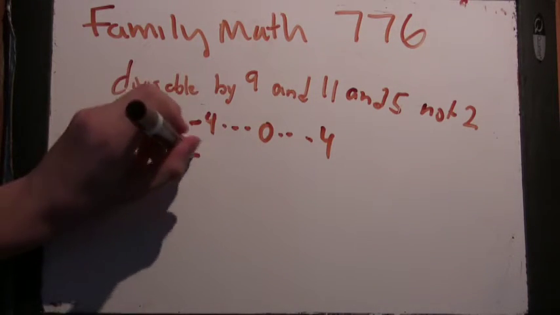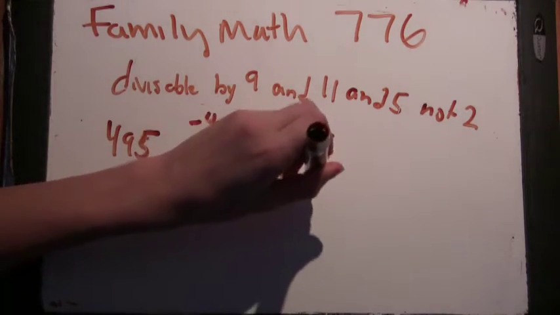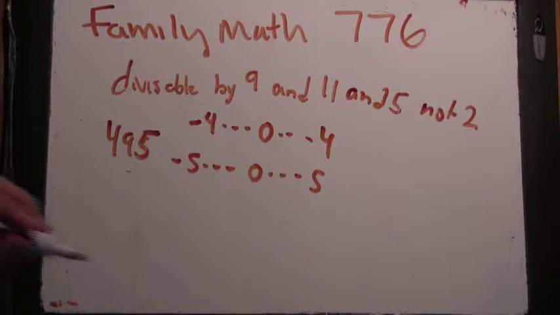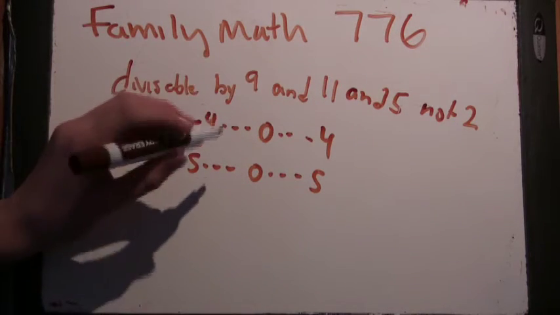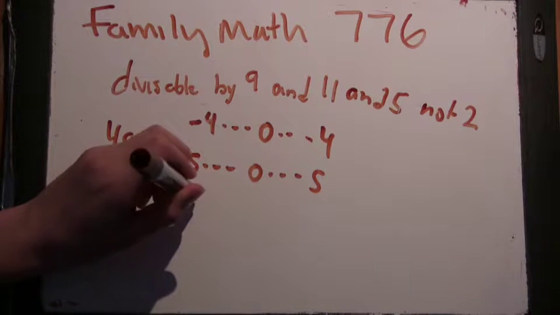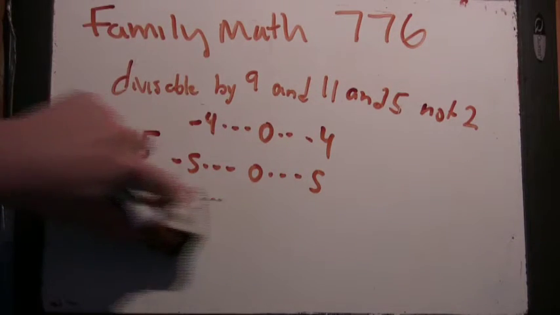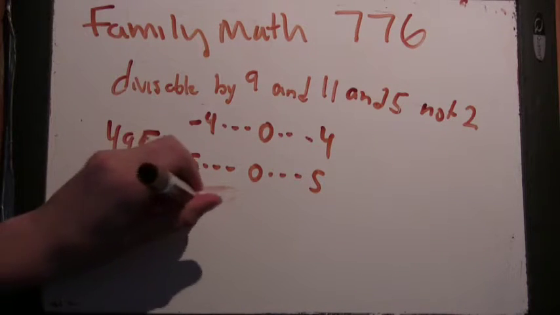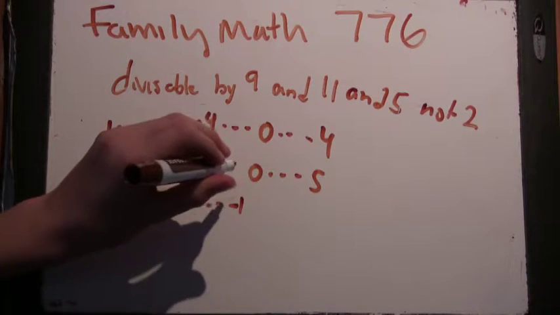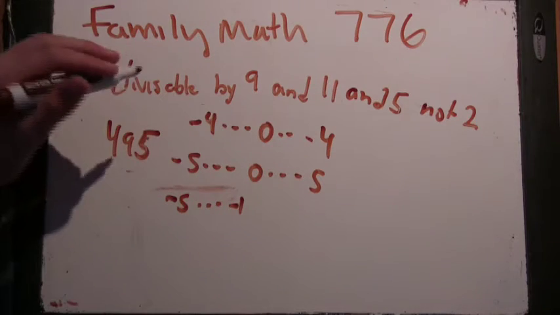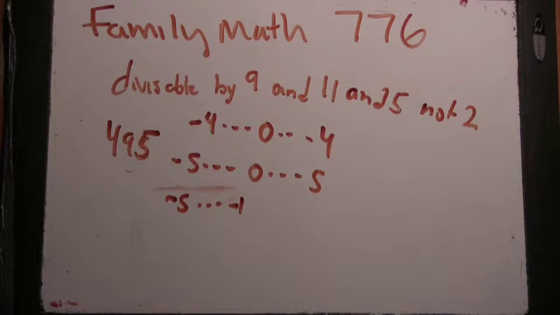For 11, you can go from -5 to 0 to 5. Sum is still 0. And for 10, you can go from -5 to -1. Actually, 10 doesn't work. Why not? Because you can't skip over the 0.